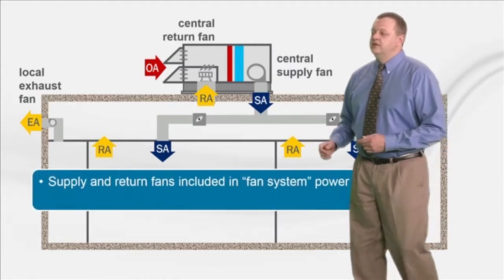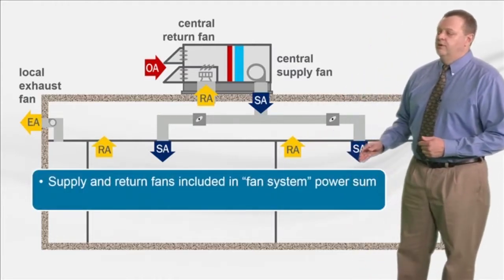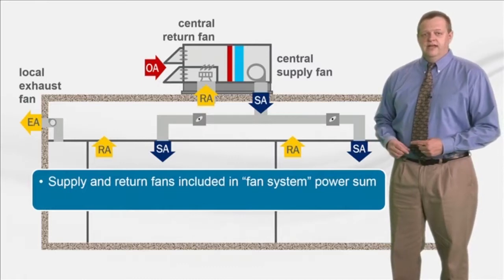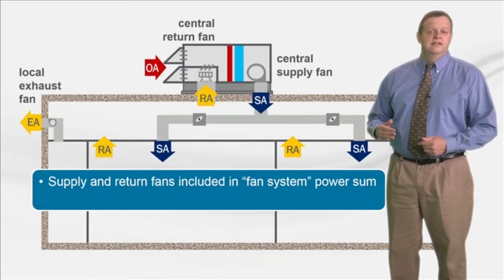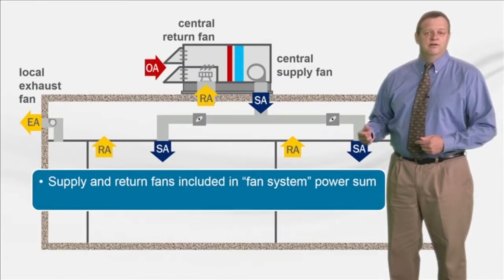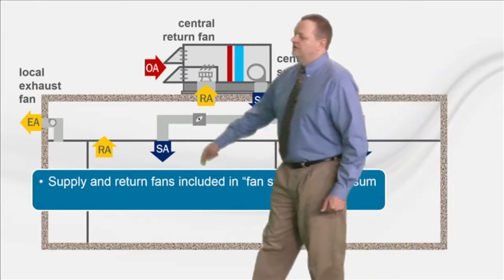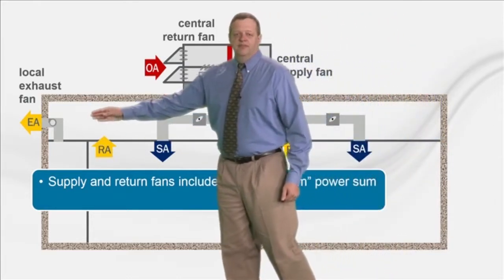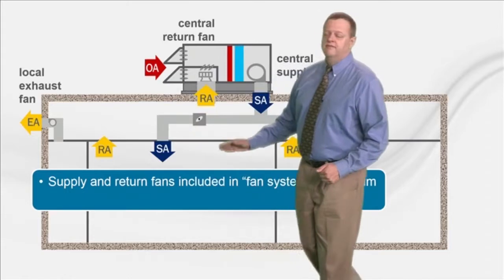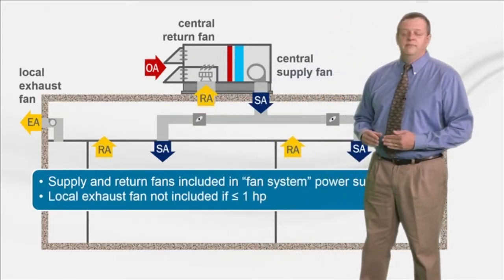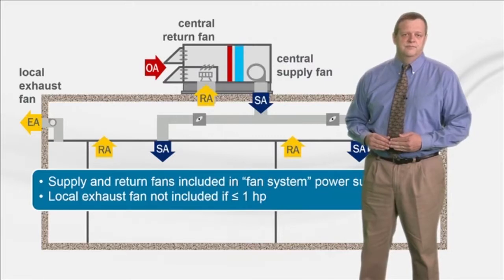So in this case, you would need to add the fan powers for both the supply and return fans together when each is operating at design conditions. Then that sum cannot exceed the limit calculated using either option 1 or option 2 in the table. As for this local exhaust fan, remember the exceptions that Dustin described earlier. If this fan is 1 horsepower or less, it does not need to be included in the sum.